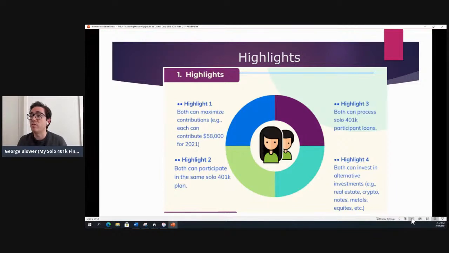Sometimes we field inquiries from clients or prospective clients who have their own business and want to find out about adding the spouse to the plan, so the spouse can have their own solo 401k account, etc. So one of the main issues to consider is contributions. That's our first item that we want to highlight.